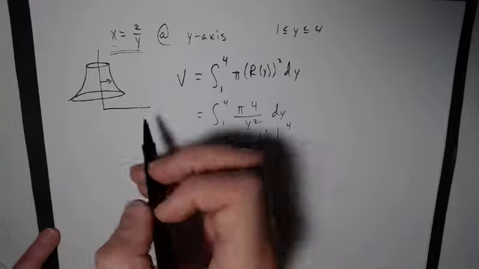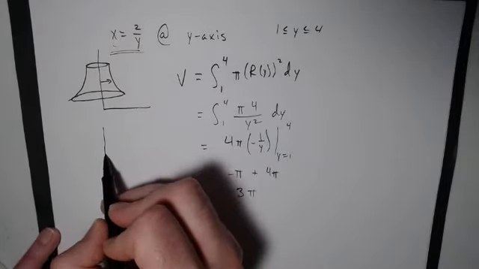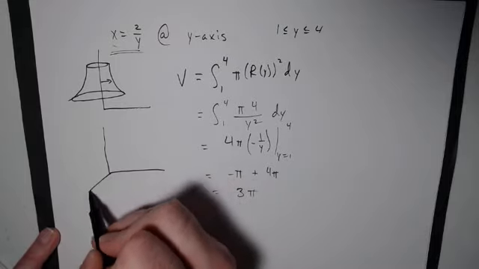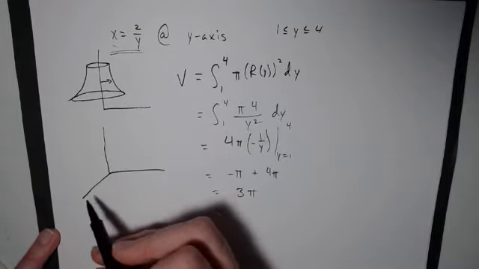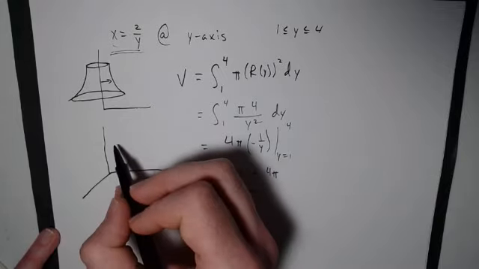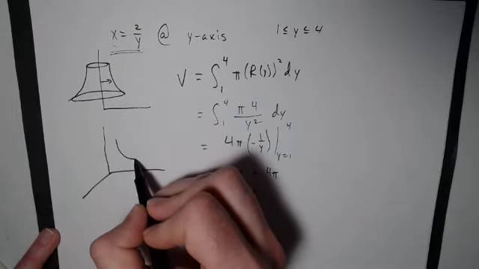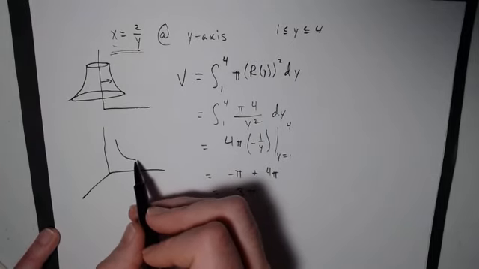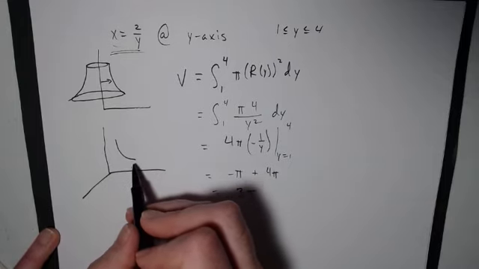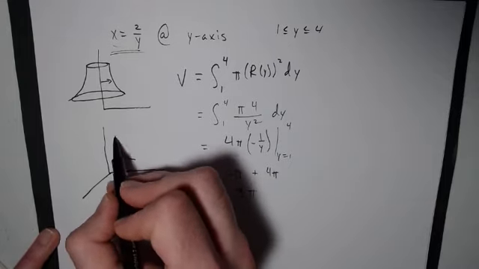Let me quickly show you, because sometimes people don't stop to think about these. What if I had rotated this curve around? I keep doing this because I'm thinking about graphing it in 3 dimensions. You don't have to worry about that guy right there. What if I had taken this same thing as y goes from 1 to 4? This is, I just bumped it out a little. It's not as good of a graph as the previous one, but go with it.